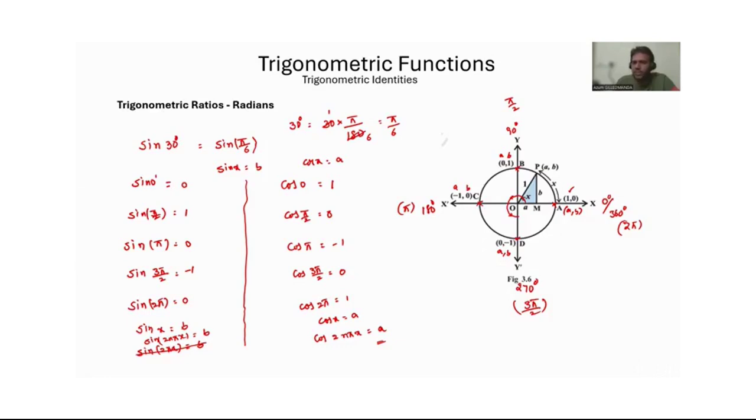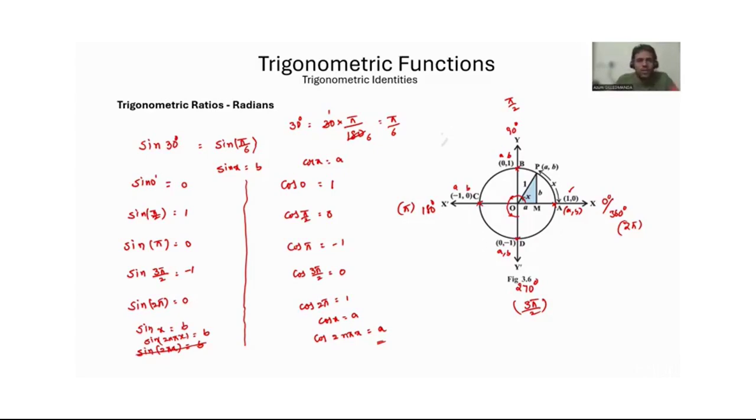So if it is 360 degrees or 720 degrees, or times three, times four, we get the same value. Okay. So that's the trigonometric ratios in radians, right? So π/2, π, 3π/2, and 2π. And also we can find for these degrees. We just need to convert that degree to radian and find the value of that.